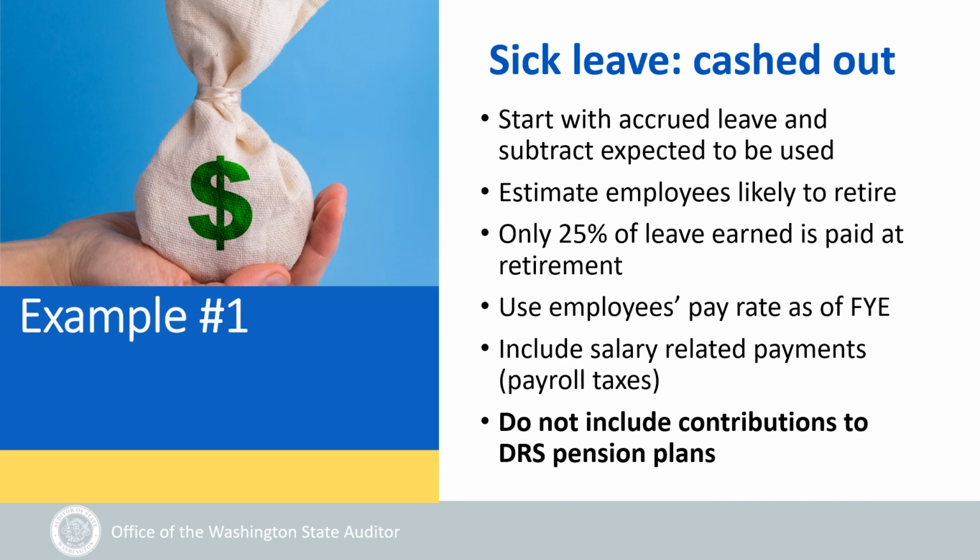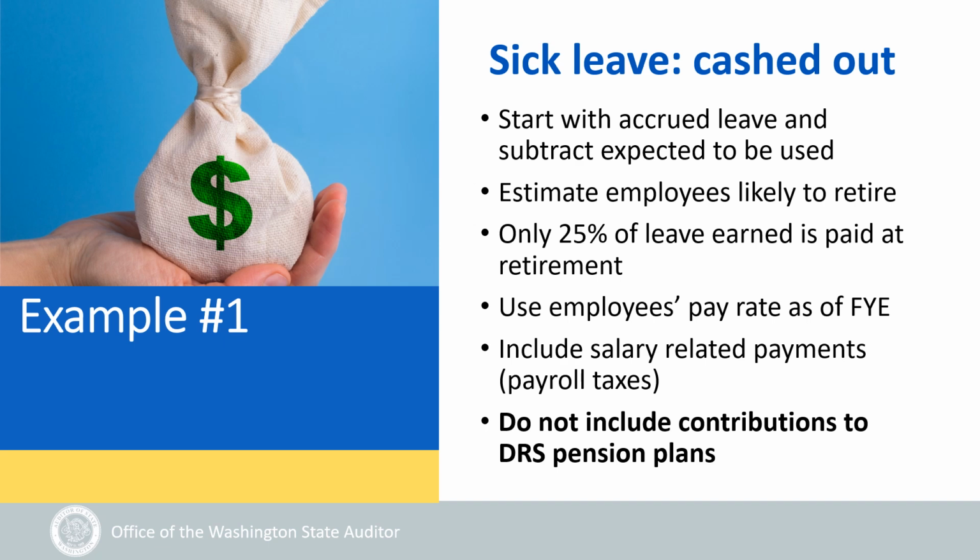Remember earlier I said you could group employees for analysis? This also comes in handy during this estimate. For example, if you had some union employees that you grouped together for determining trends of how much leave they are likely to use, you would maintain that same grouping to determine how likely they are to retire.